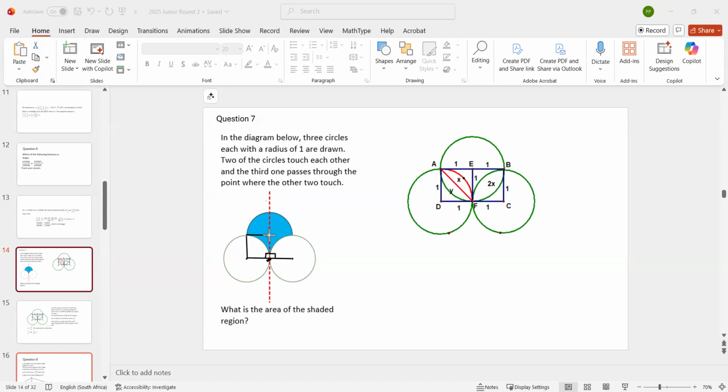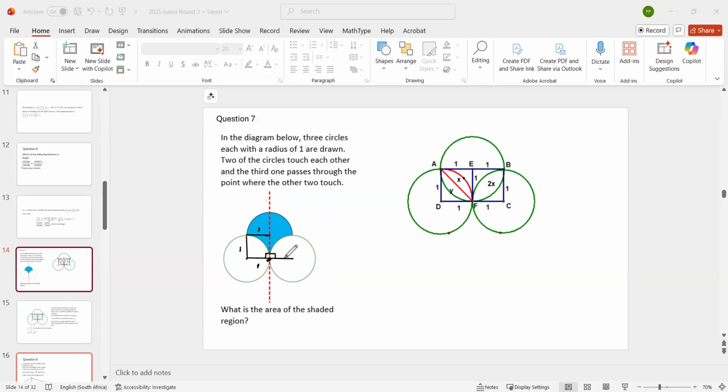Now, this is a radius. This point here is the center of the circle. Now, this is the radius of the blue circle, and the radius is 1. This here is the radius of this white circle. That radius is also 1. This radius here is 1.